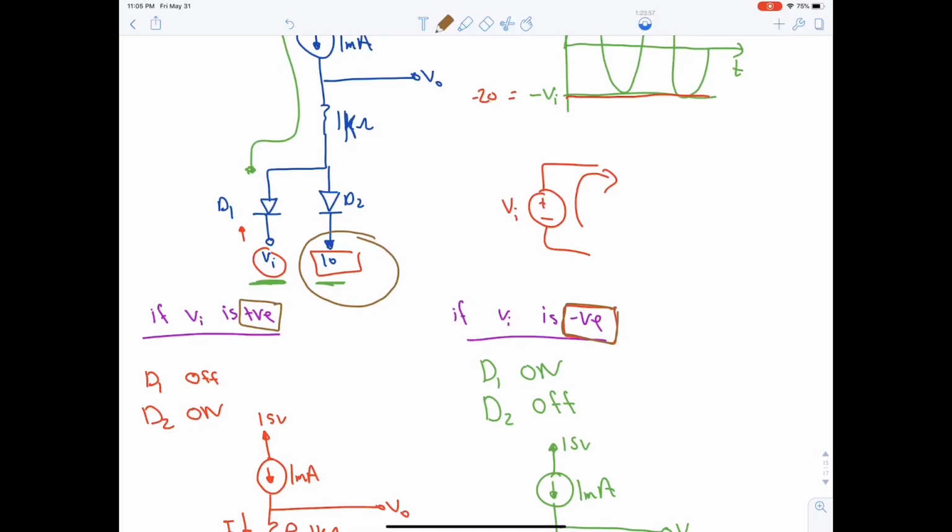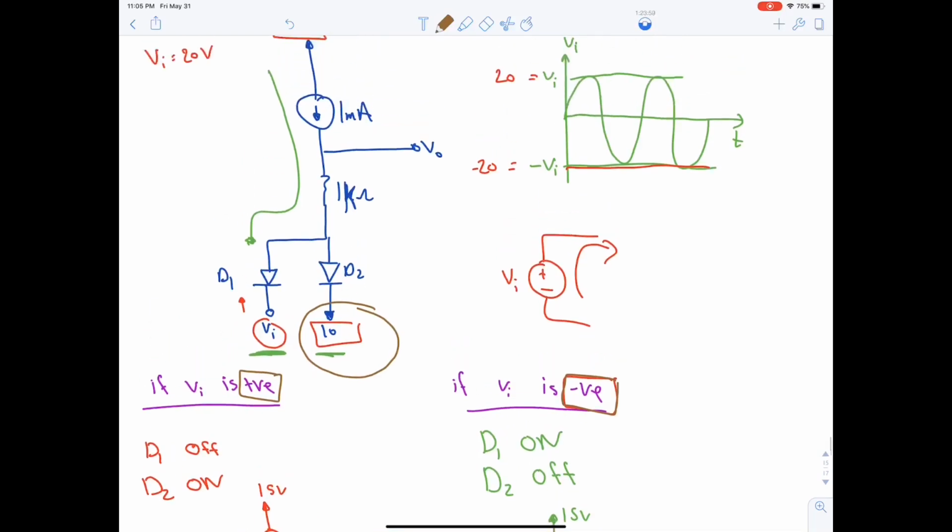Actually it's 10 in this example, because if VI is greater than 10, then D1 is off and D2 is on, because the current will flow directly to 10 as this is greater than 10.